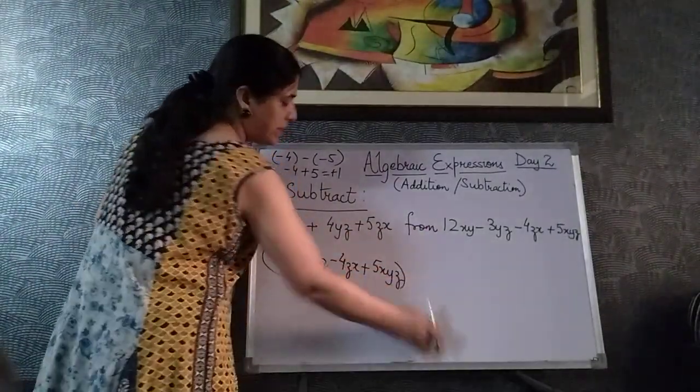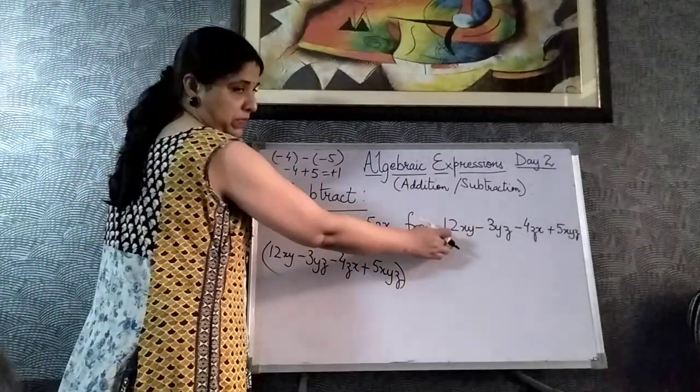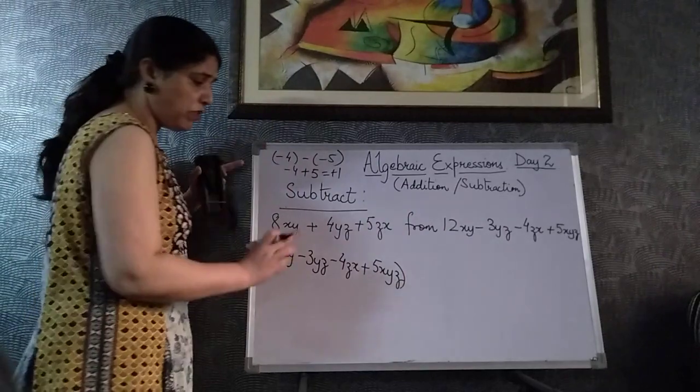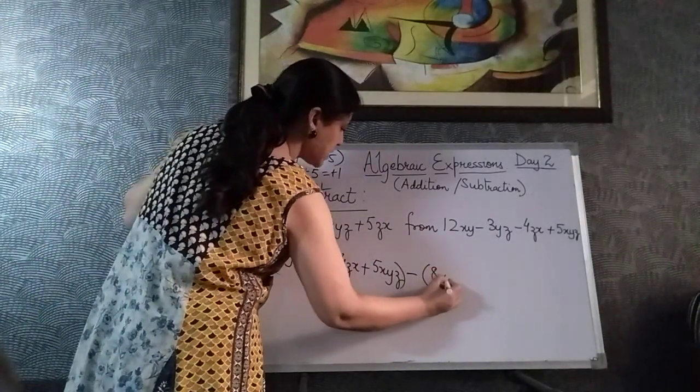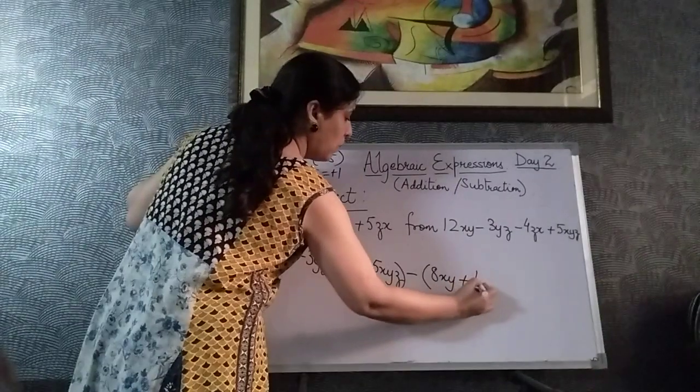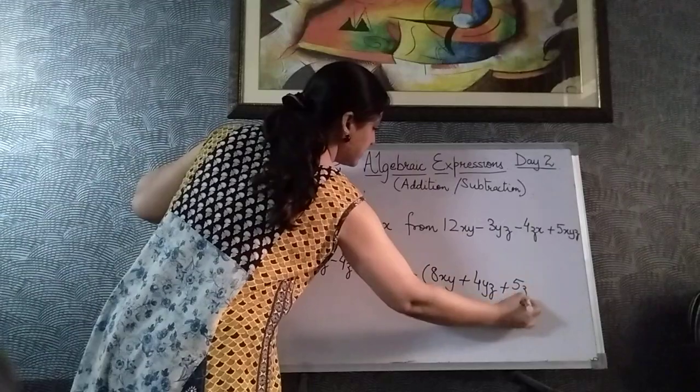You cannot write this expression minus this expression when they are saying subtract this from this. Be careful, this is the general mistake that children make. Minus, in brackets, 8xy plus 4yz plus 5zx.